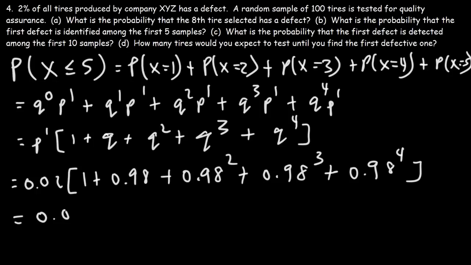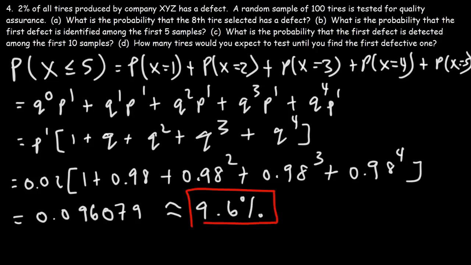I got 0.096079, which is approximately 9.6%. So that's the probability that the first defect will be identified among the first 5 samples.